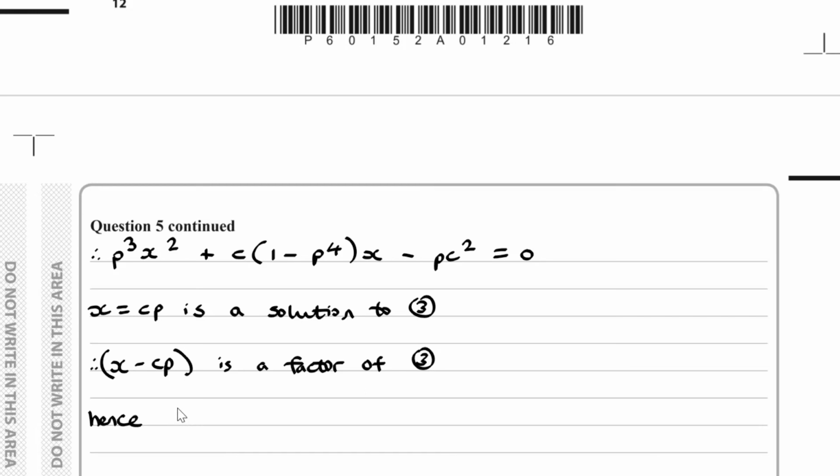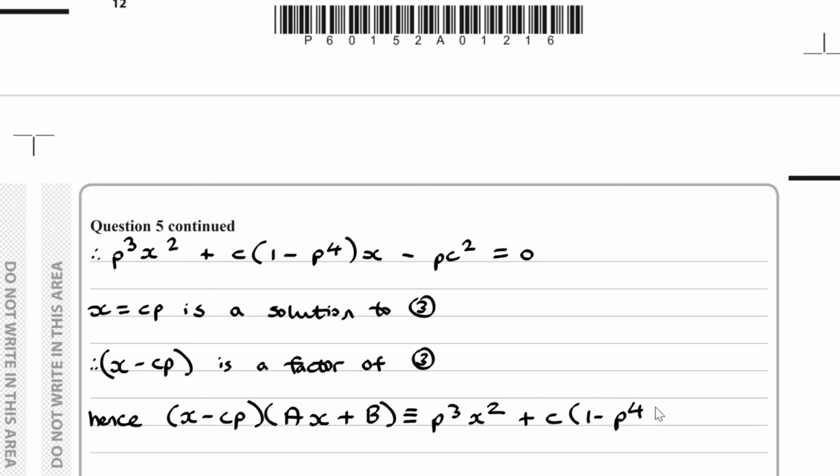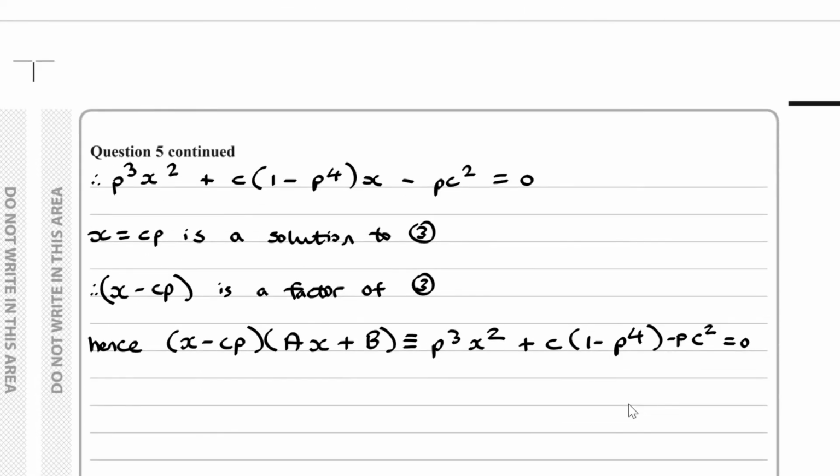So we have x minus cp, lots of another linear factor ax plus b. This is of course equivalent to p cubed x squared plus c lots of 1 minus p to the 4 x minus pc squared equals 0.